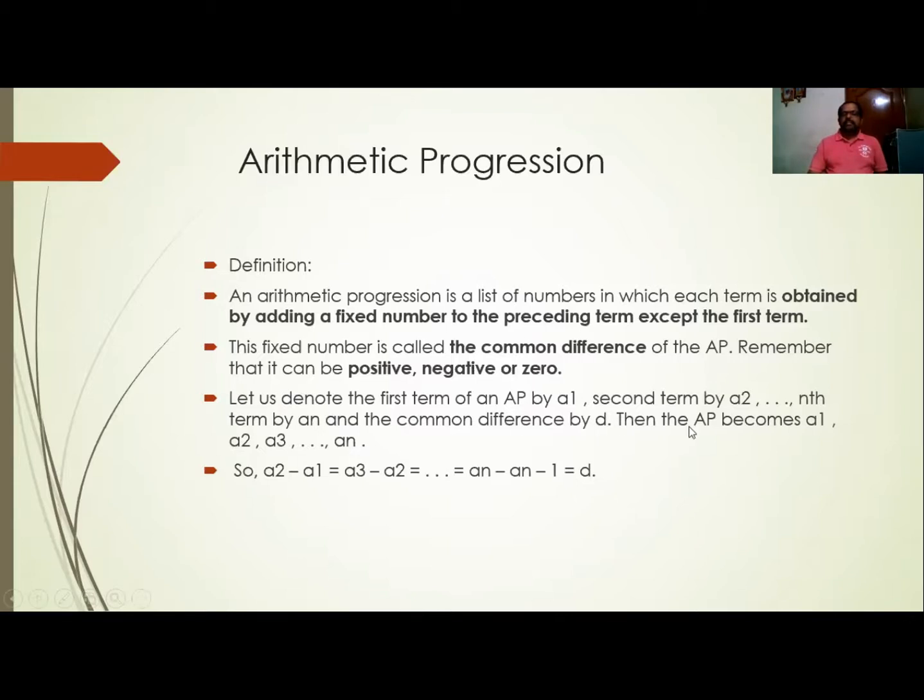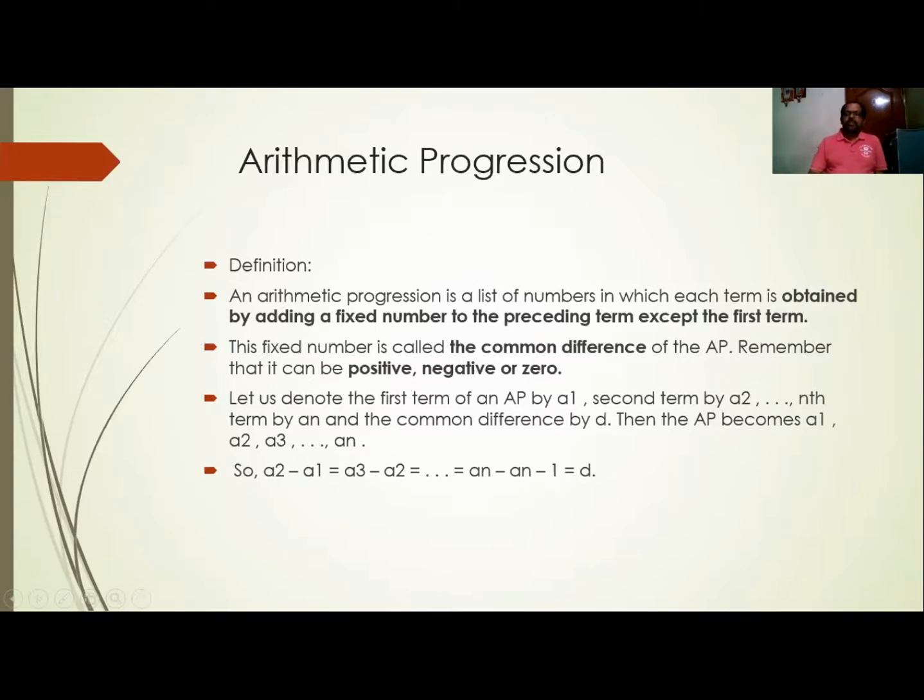So in that case, the AP will be the list of numbers like a1, a2, a3, a4, and so on up to an, right? And that common difference d will be obtained by taking the difference of any two successive terms of the AP. This is the way to get the common difference of an AP.